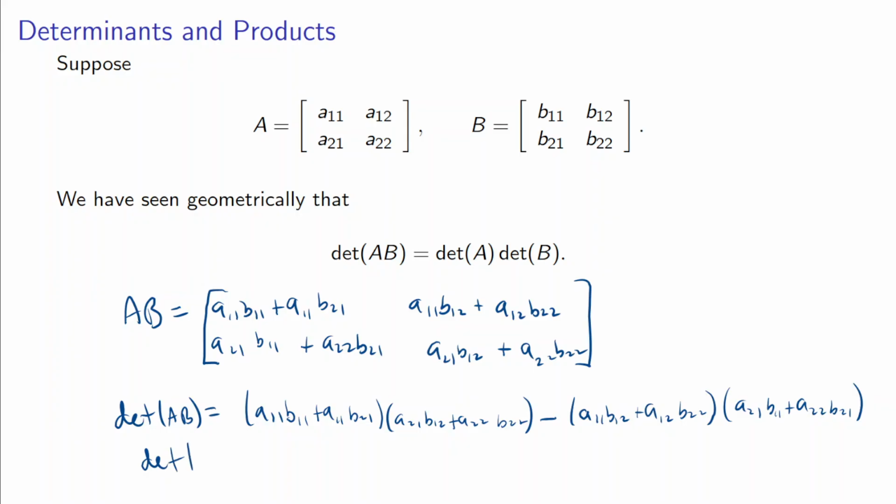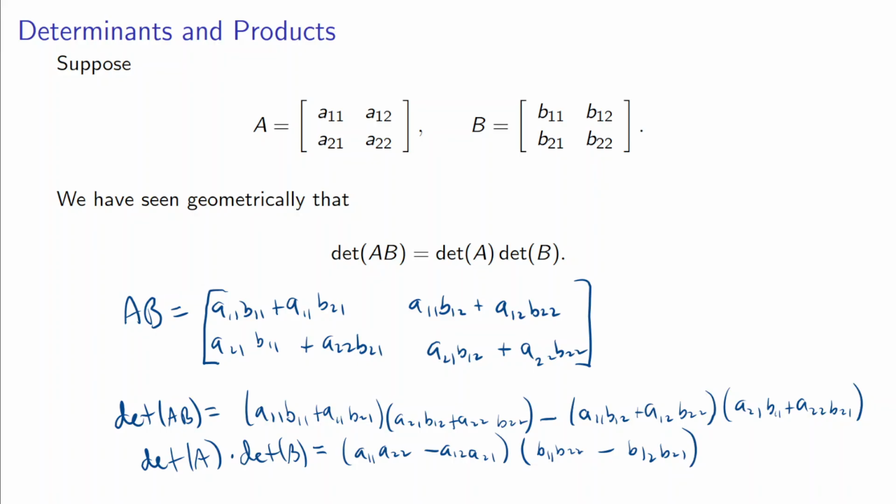If we do the determinant of A times the determinant of B, we'd get (A11 A22 minus A12 A21) times (B11 B22 minus B12 B21).